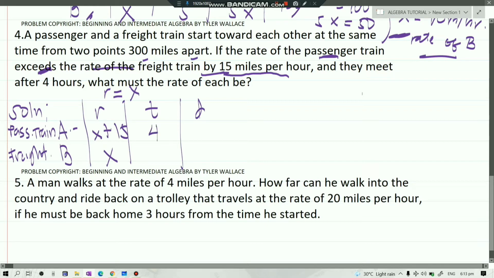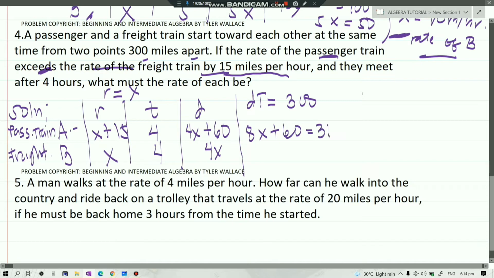We have 4 hours. Okay? And multiply mo lang yan, magiging 4x plus 60 and 4x. And we have also the total distance of 300. So that will give you 8x plus 60 is equals to 300.